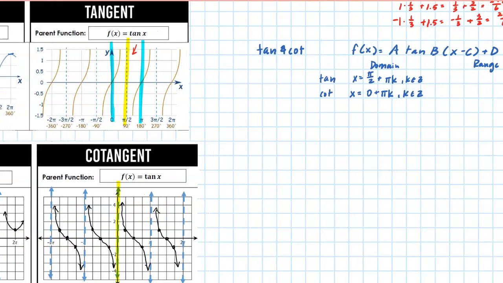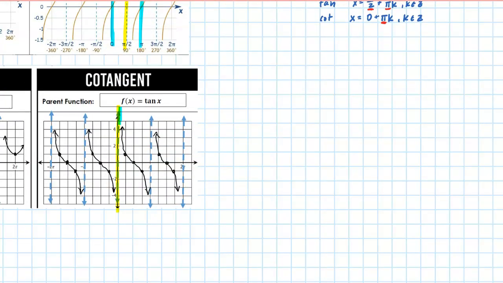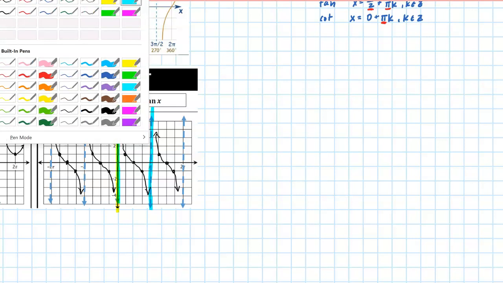And so if you break that down, that asymptote right there, if I put a 0 here, then that is going to be x equals pi halves if I put a 1 there. So this pi that gets multiplied to k for tangent and cotangent, if you look at cotangent's period from here to here, it's actually separated by a period.